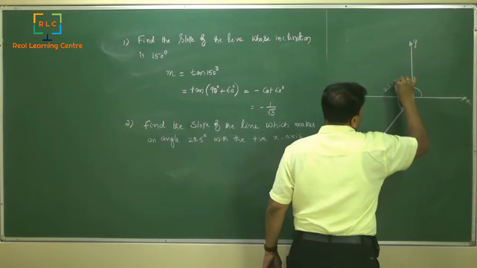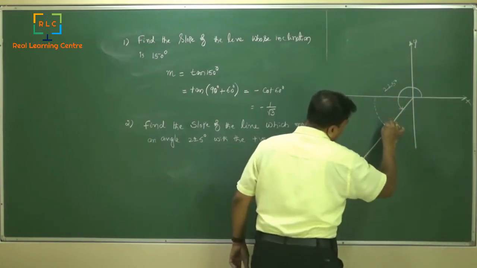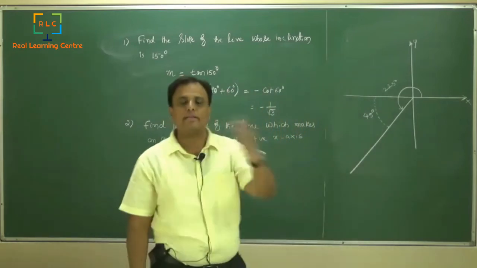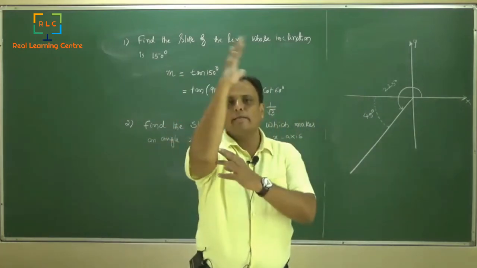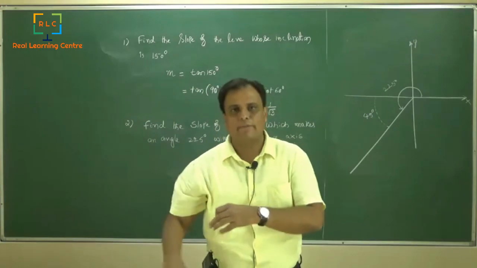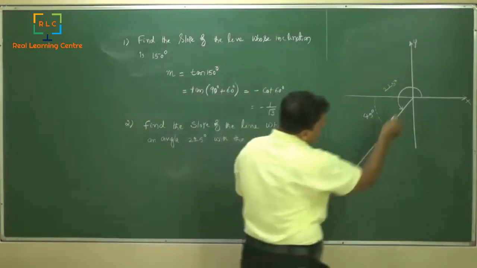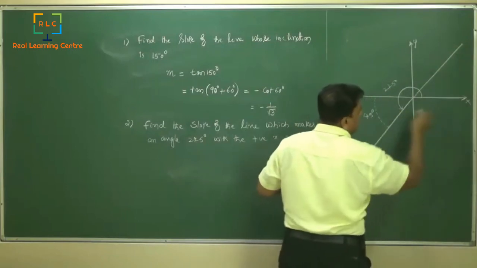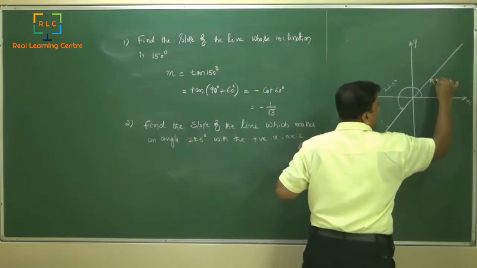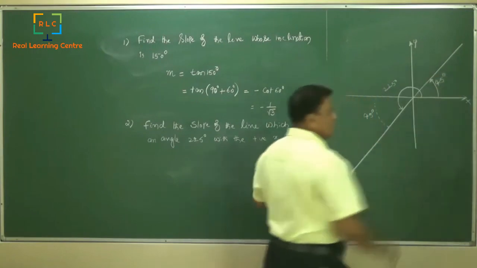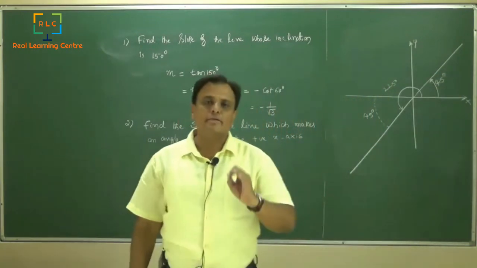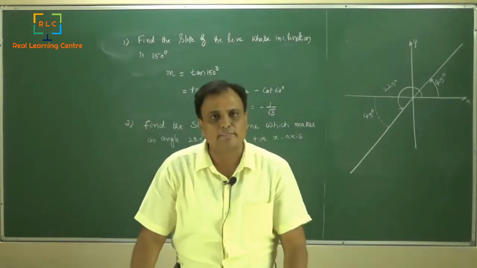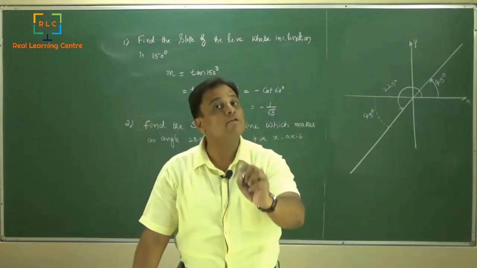That means the magnitude of this angle is 45 degrees because of 180 plus 45. If I extend this line further, then definitely if this is 45 degrees, this will be 45 as well. Now clearly it shows that whenever the line makes an angle 225 degrees with the positive x-axis, the inclination will be 45 degrees.